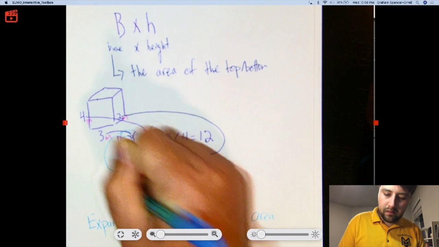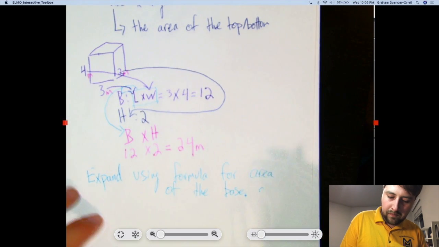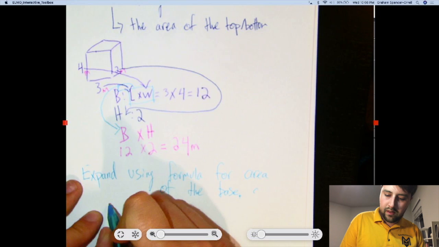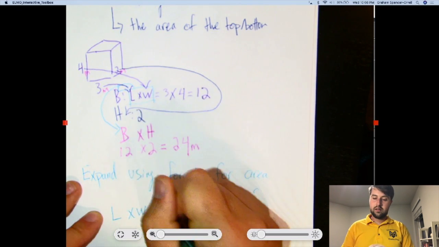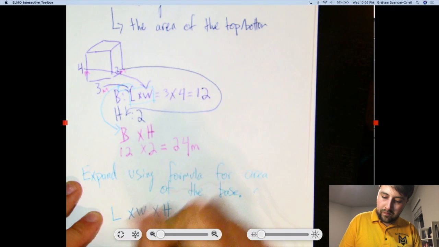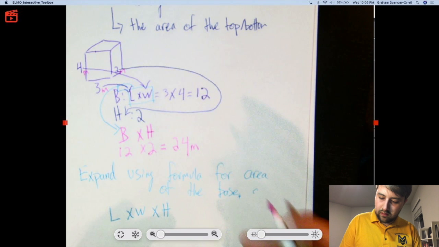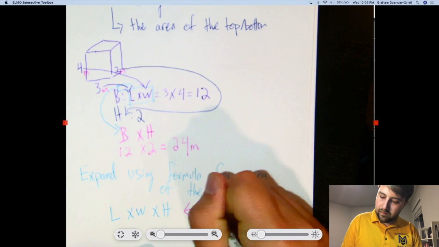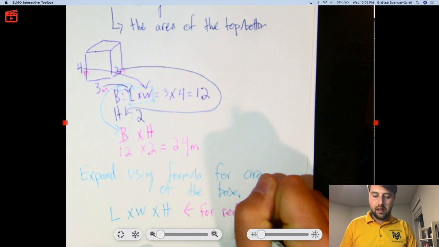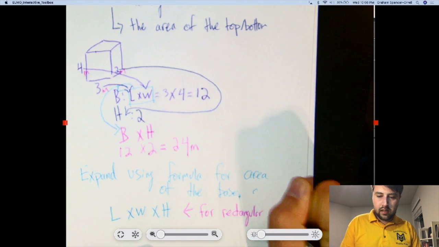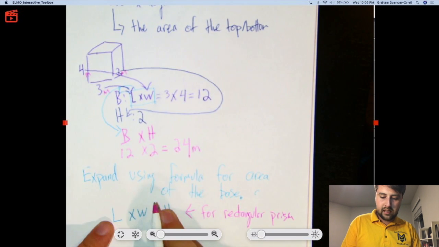So we're just going to do the length times the width times the height. And this is only for a rectangular prism, because the length times the width right here is the base area.